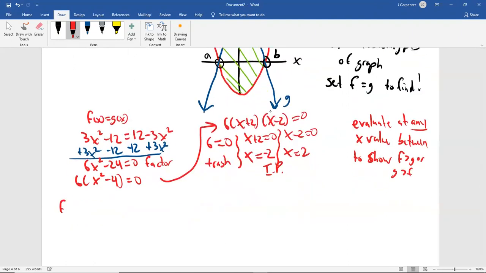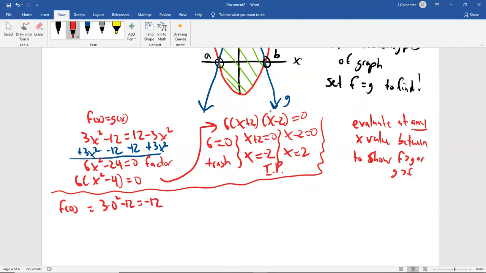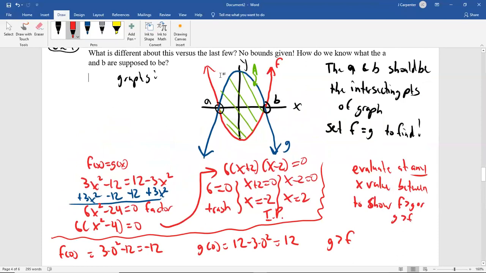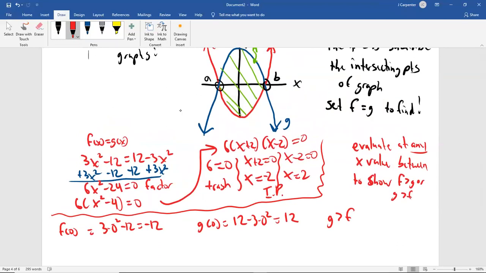So let's do f of 0, which would be 3 times 0 squared minus 12, which is negative 12. And let's do g of 0, which is 12 minus 3 times 0 squared, which is positive 12. Therefore, g is bigger than f, as our graph confirms. If it's bigger at that point, it's bigger at all the points before they cross again.